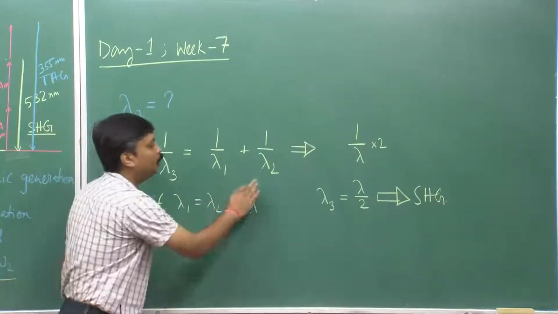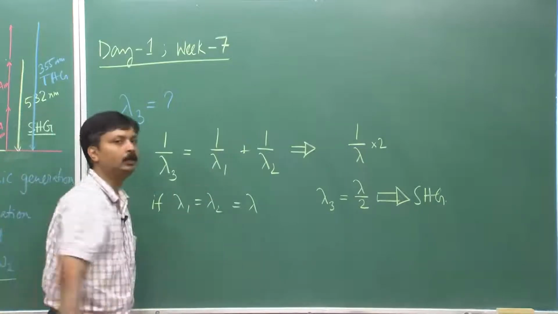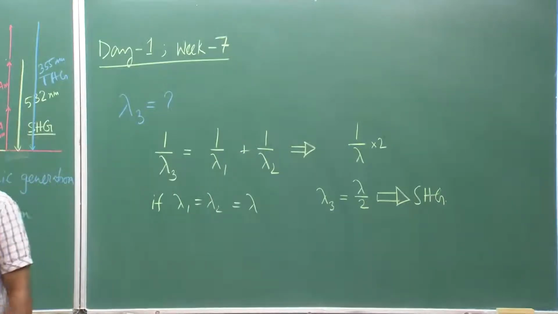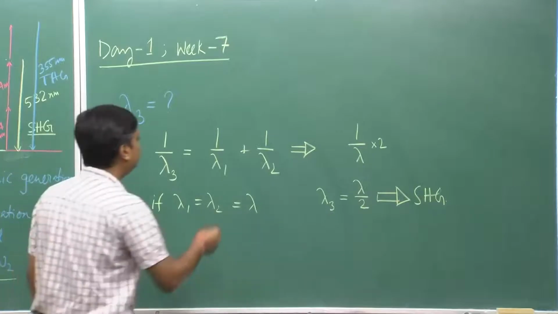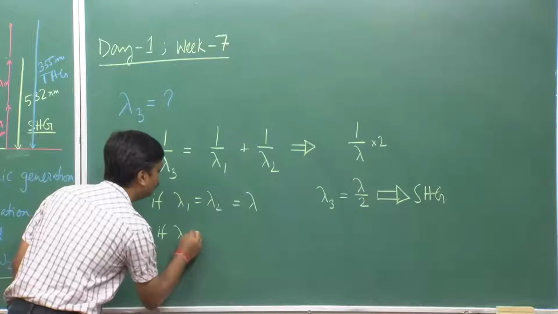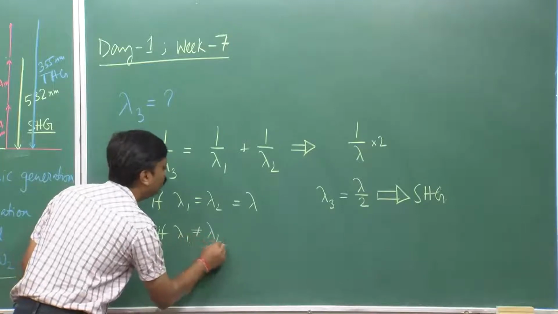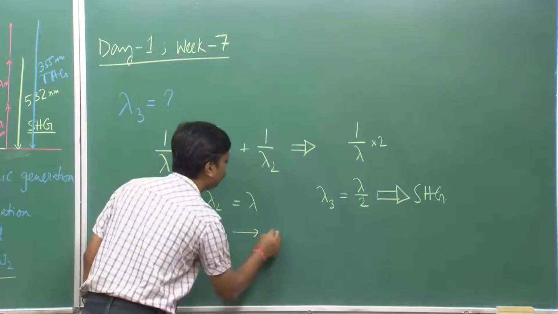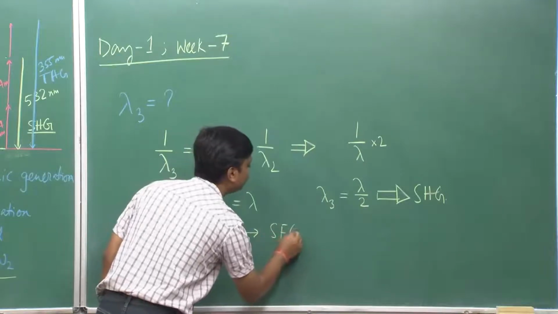When lambda 1 and lambda 2 are different, this particular process is known as sum frequency generation. So, in general, if lambda 1 is not equal to lambda 2, this one will give me sum frequency generation.